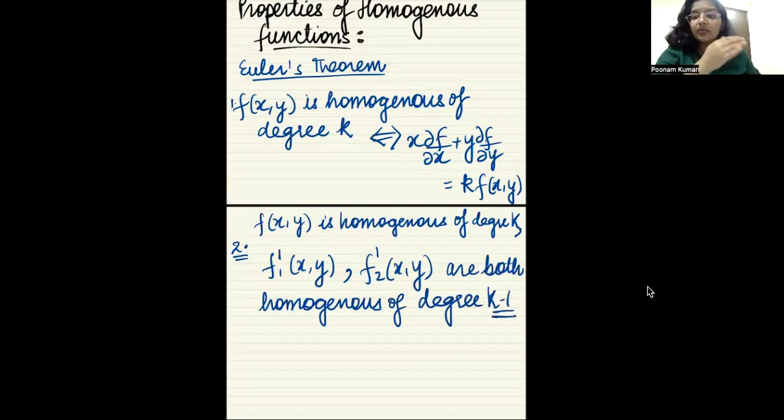So the degree of homogeneity gets reduced by 1.